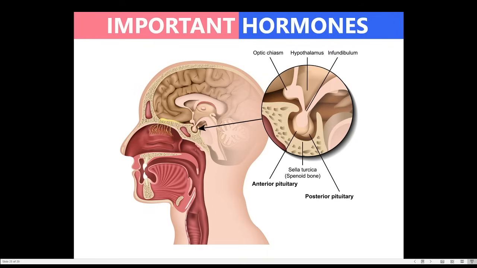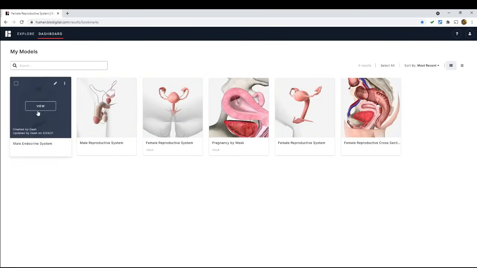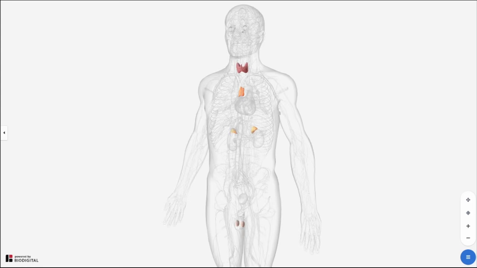Now, how small is the pituitary gland? I want to show you how small it is. However, I will be showing the male endocrine system. O, ayan. So, here you can see the different parts of the endocrine system.